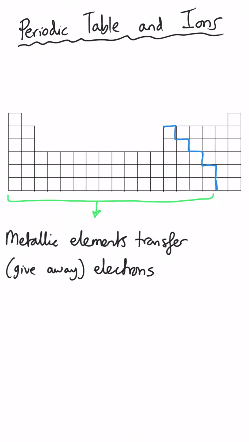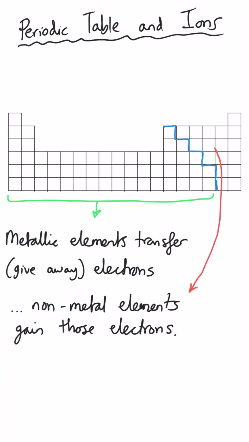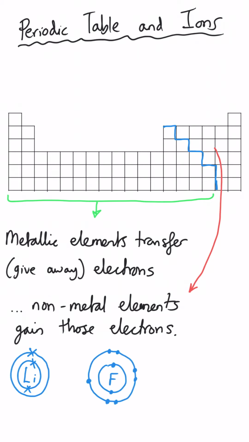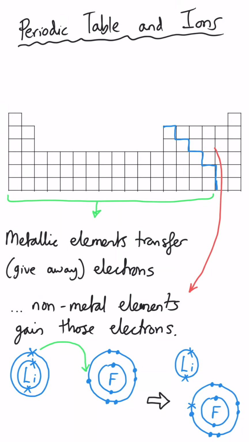And what that then does is those electrons transfer across to the outer shell of the non-metals, which is this smaller section up here. And so, for instance, in the lithium fluoride example, we can see that this outer shell electron from lithium moves across to the fluorine, and it's therefore absent in lithium's second diagram. So this is the lithium ion on the right-hand side.